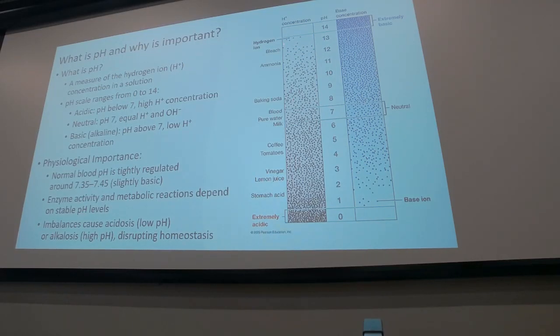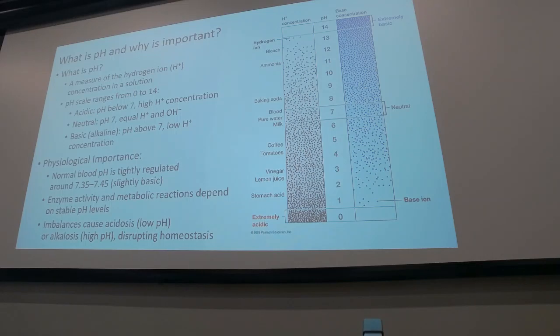In the case of the hydrogen ions, the more acidic the solution is, the more hydrogen ions you have, like stomach acid, vinegar, lemon juice, coffee, tomato, etc. And in the case where you have more base, like hydroxyl groups, you will have more at the higher numbers, like 13, 14, as in the case of bleach, ammonia, like that spray that you use to clean the ovens.